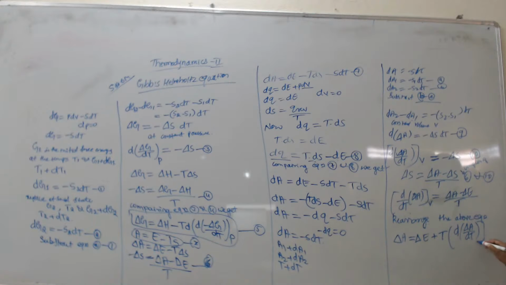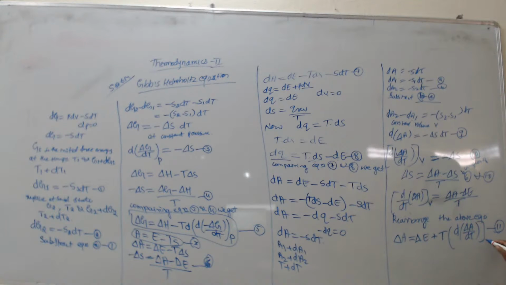Okay, this is equation number 11. You get equation number 11 here. Only rearranged: delta A is equal to delta E plus T, differential of delta A by dT.